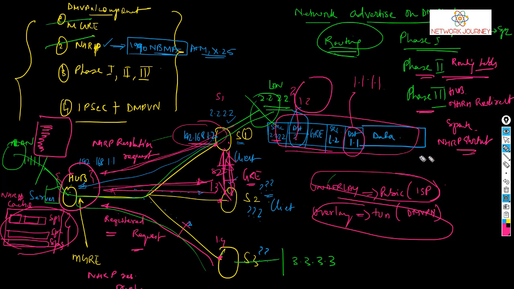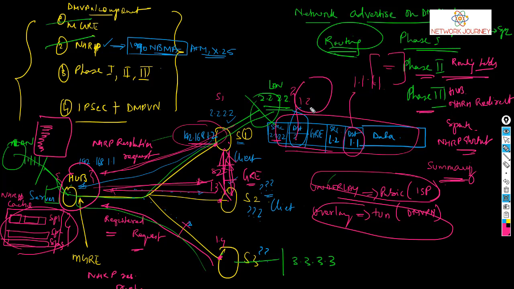Second thing we see in phase 3 is we can also make use of a summarized routing table so that we can reduce the number of lines. This doesn't work in phase 2, because in phase 2 the routing is mandatory. If there is a missing route, spoke 1 will not know how to reach spoke 2.